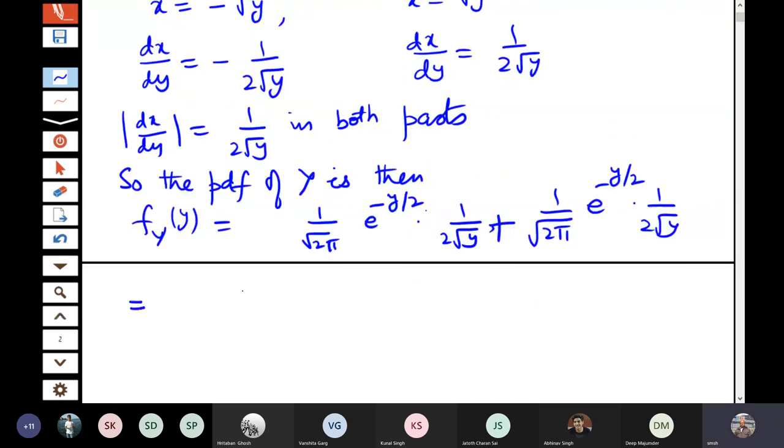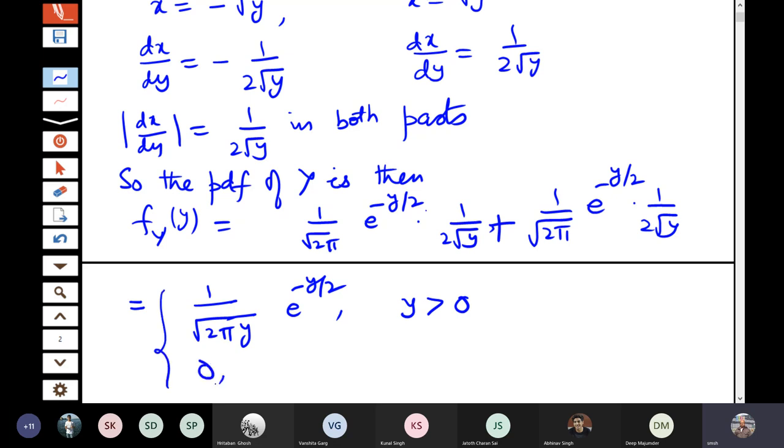So this you can combine, it will become 1 by root 2 pi y e to the power minus y by 2. Of course, this is for y greater than 0. For y less than 0, this will become 0 because there is no inverse for y less than 0. Of course, equal to 0 you can include either here or here, it will not make any difference because it is a continuous distribution.